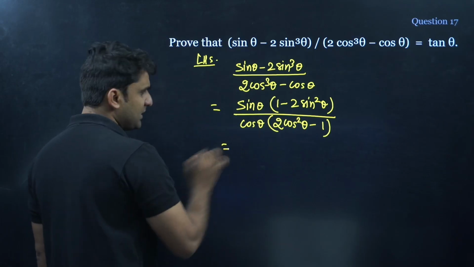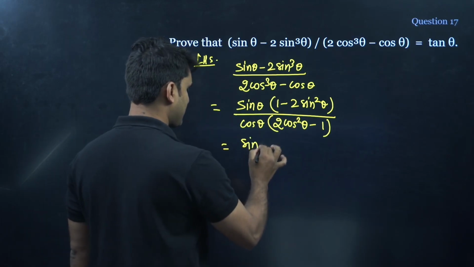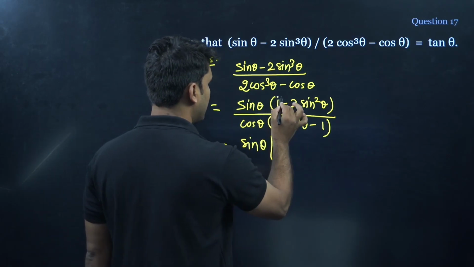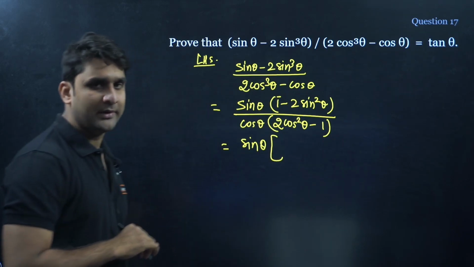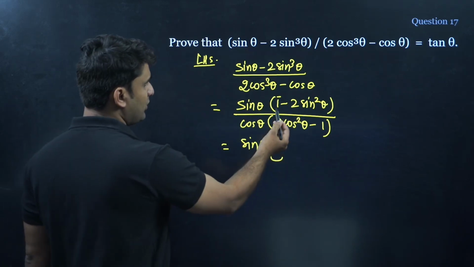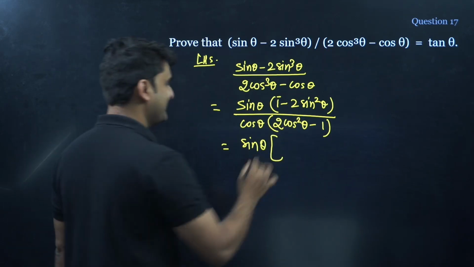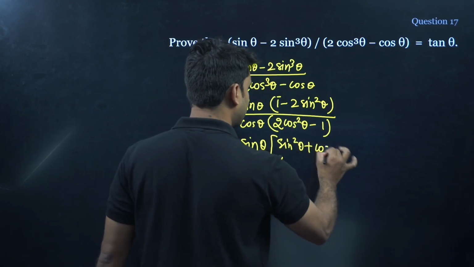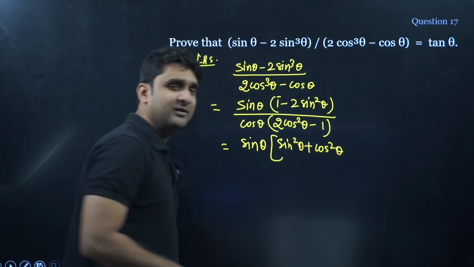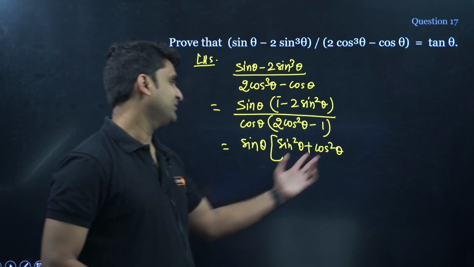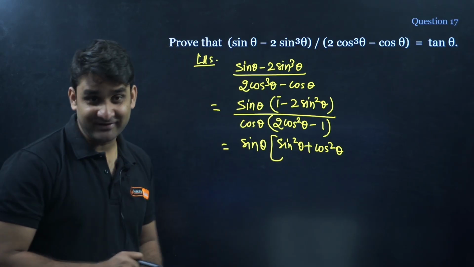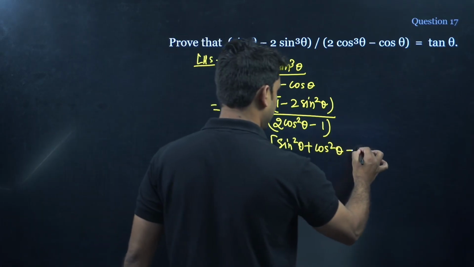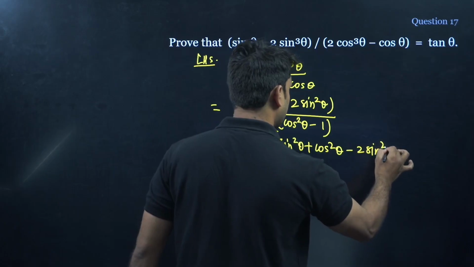Okay guys, listen. This is 1. Can we replace this 1 with sin square theta plus cos square theta? Yes, we can write that, and this is already minus 2 sin square theta.